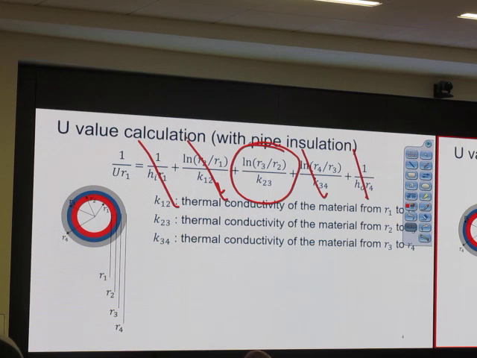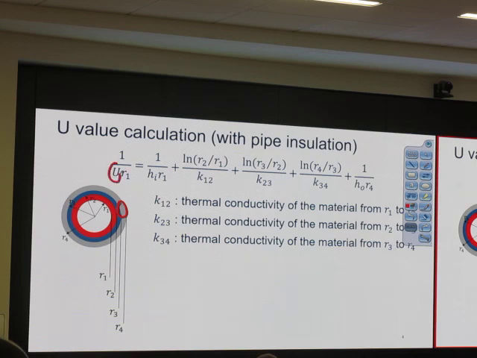So when I have an insulation layer and I want you to do a quick estimation, I say 1 over U times R is at least equal to the natural log of R3 over R2 divided by the thermal conductivity of the insulation layer. This means the U value that I get is the maximum possible U value.